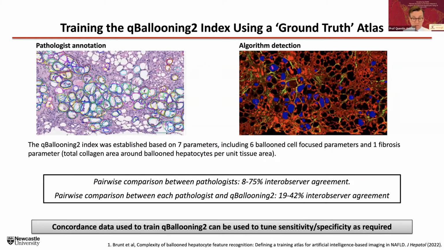In other words, very much within the same range of performance and inter-observer agreement that one would see between pairs of expert human pathologists. But of course, there is no intra-observer variation with a computerized algorithm. It does the same thing every day.